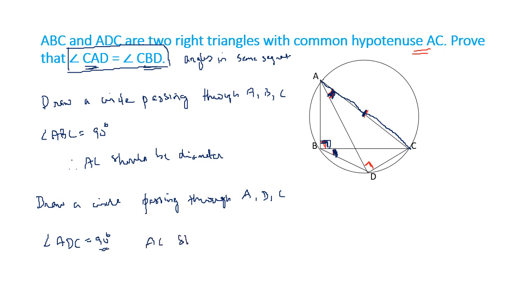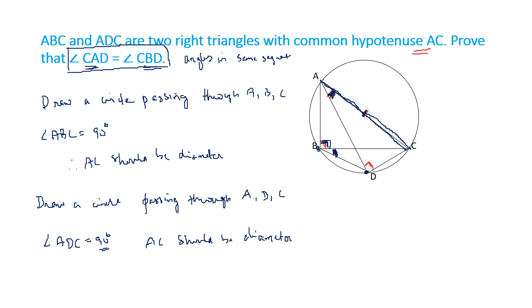So AC should be diameter. Now the circle passing through ABC and the circle passing through ADC both have got the same diameter. So when the circles have the same diameter, the point B and the point D lie on the same circle. So all these 4 points lie on the same circle.